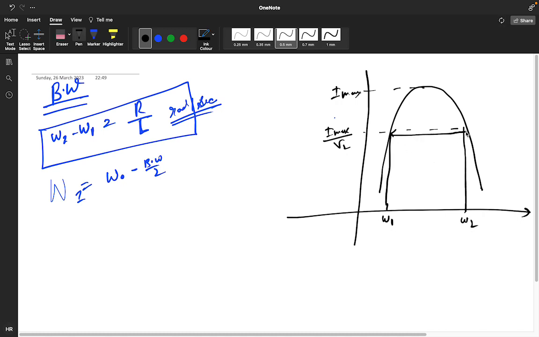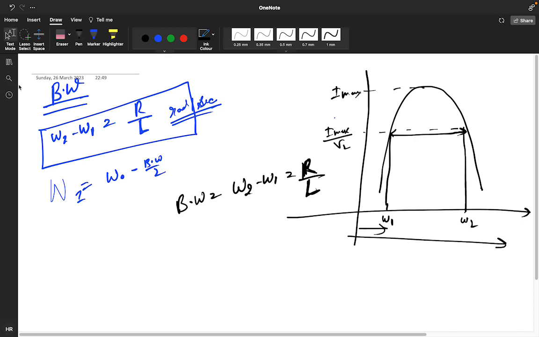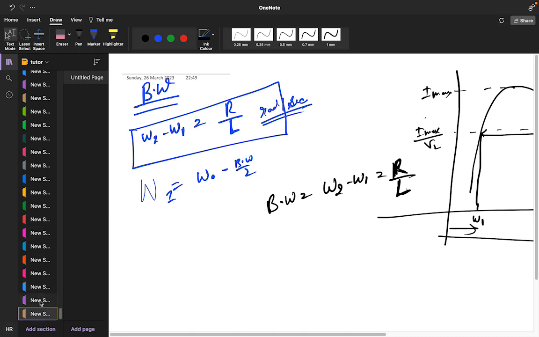Bandwidth means total distance between these, that is omega 2 minus omega 1. So bandwidth is nothing but omega 2 minus omega 1. That approximate value we will get as R by L by solving the equation, but it will be a very huge equation.